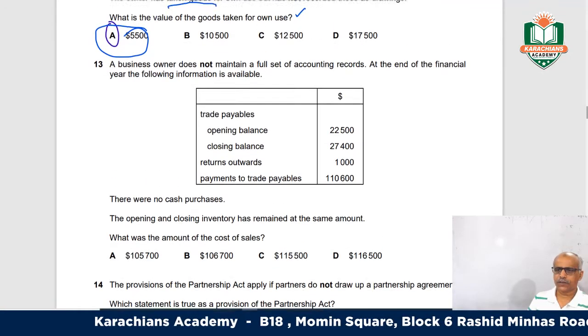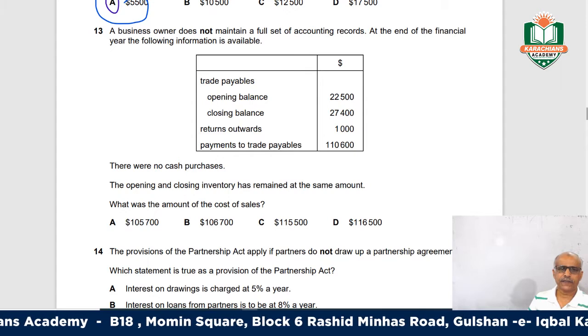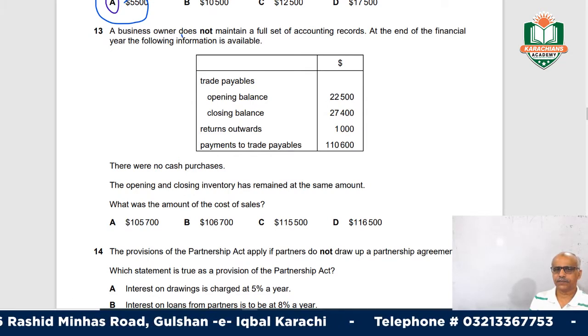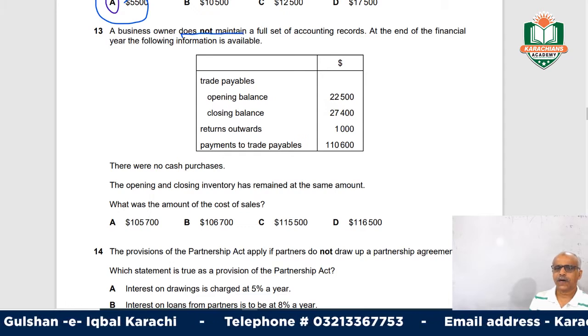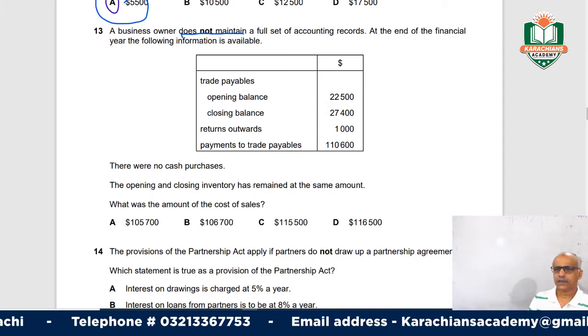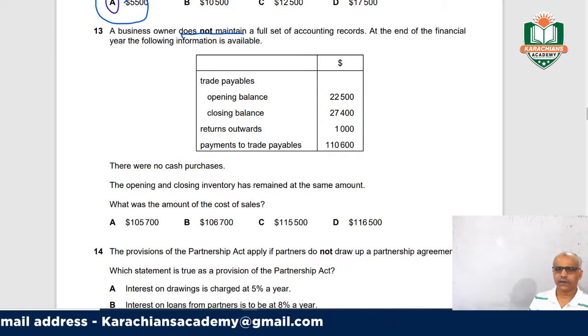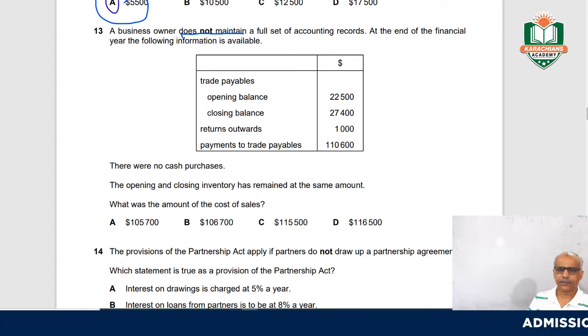This is your question number 13. What it says: a business owner does not maintain a full set of accounting records. At the end of the financial year, the following information is available: trade payables, opening and closing, return outwards, and payment to the trade payables.